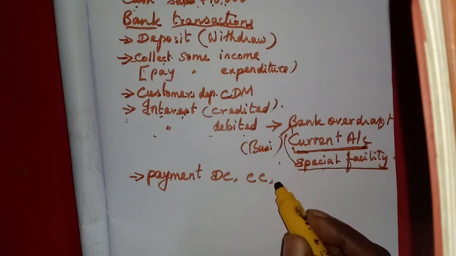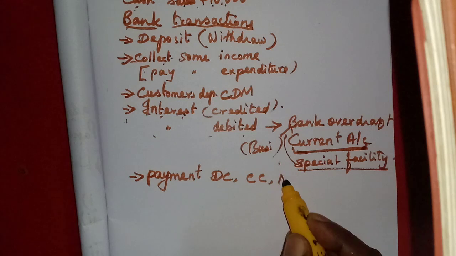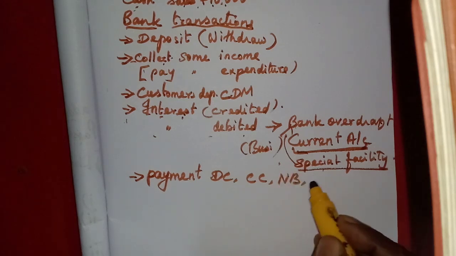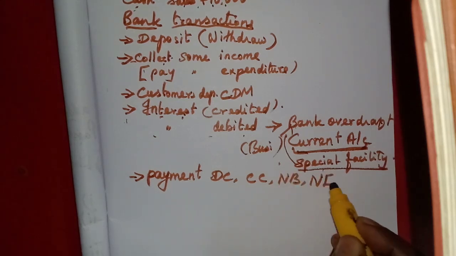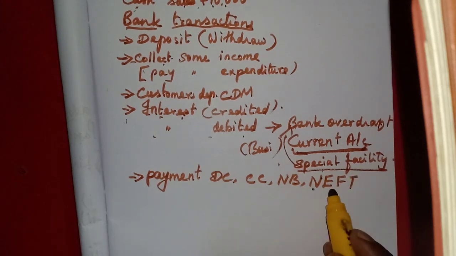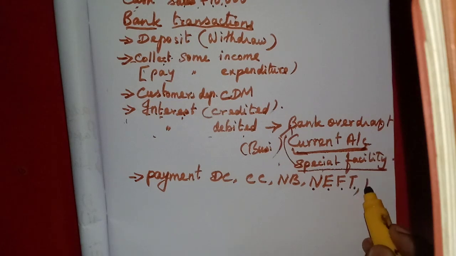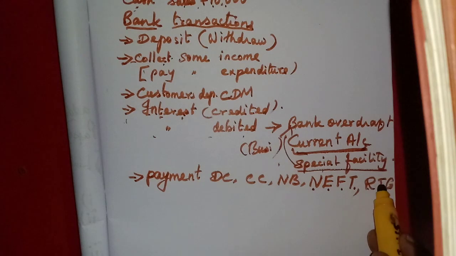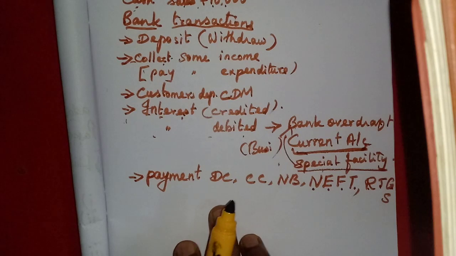Then credit card, then net banking, then NEFT, National Electronic Fund Transfer, then RTGS, Real Time Gross Settlement. Here this real time, I will explain this.